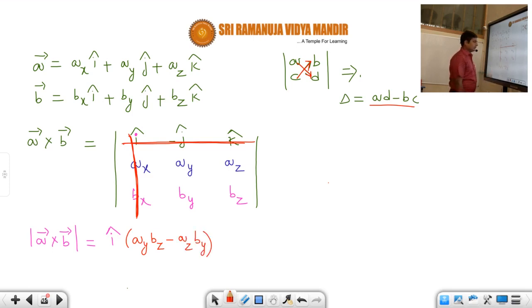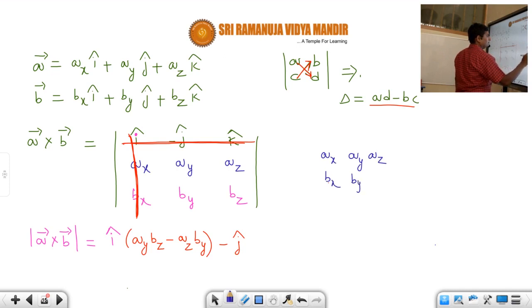Next, after I cap, comes J cap, students. For J cap we will always write minus J. So for minus J, I am drawing separately here: AX, AY, AZ, BX, BY, BZ, and this is I cap, J cap and K cap.